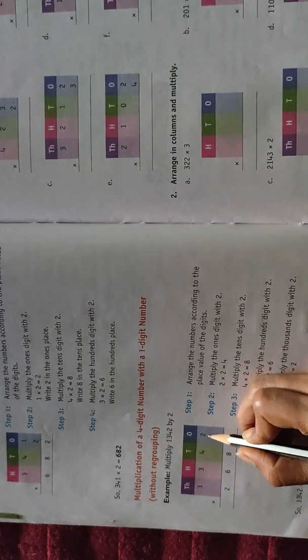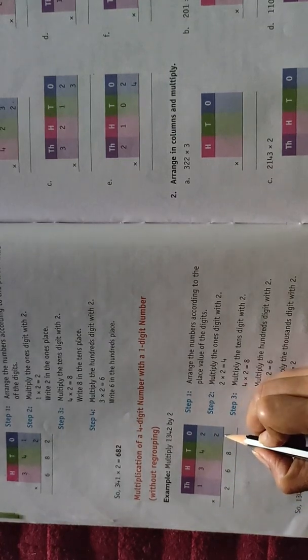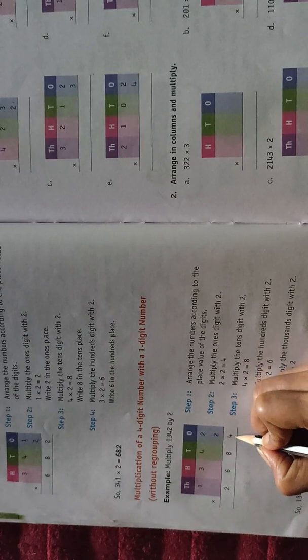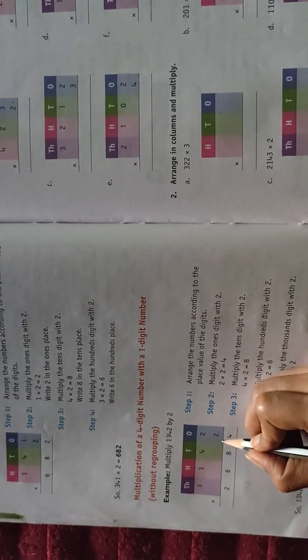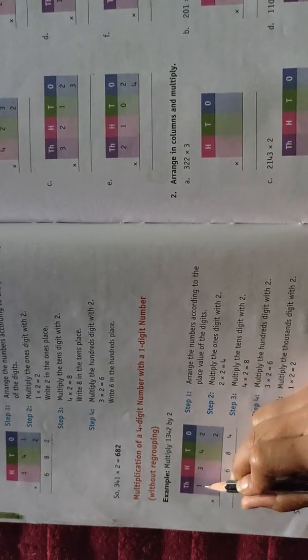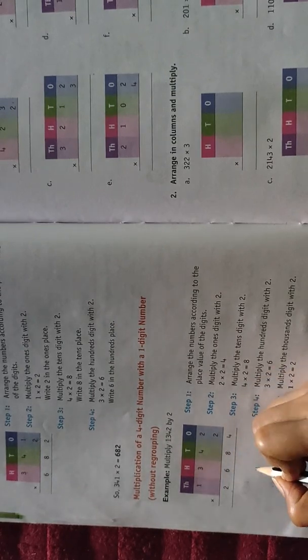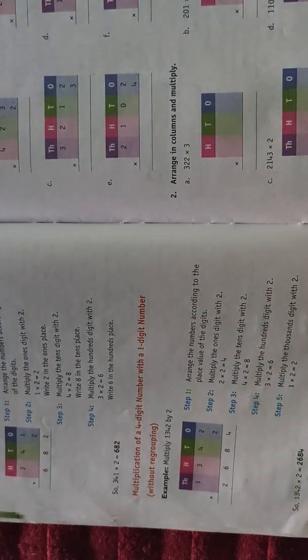So multiply every digit of 1342 by 2. So 2 twos are 4, 2 fours are 8, 2 threes are 6, 2 ones are 2. This way you can perform the multiplication.